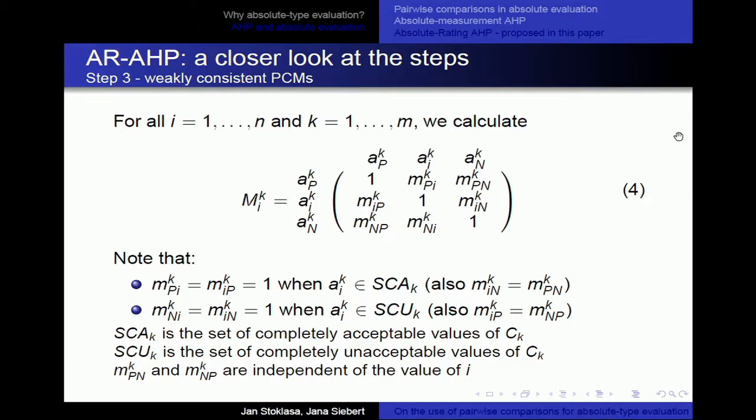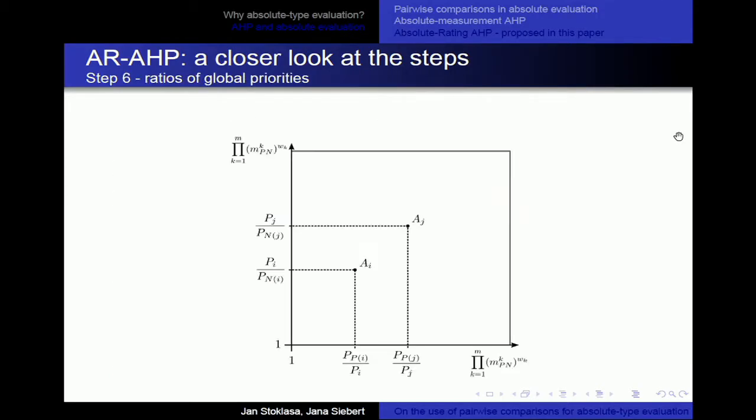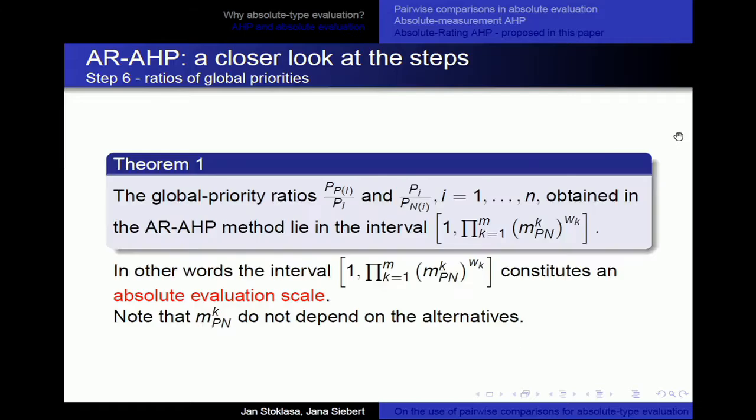And if we use this, we get a two-dimensional representation of every alternative as a ratio of its evaluation to the evaluation of the negative ideal, and as a ratio of the positive ideal alternative to the evaluation of the alternative itself. And we can prove that the ratios will always lie in this interval. So we have an absolute type underlying scale.